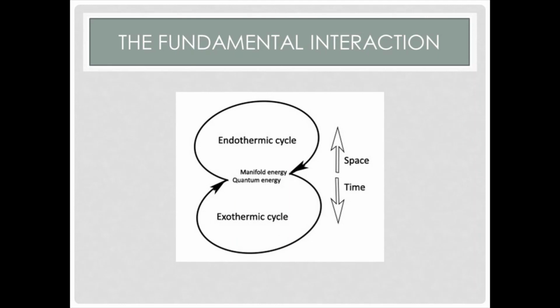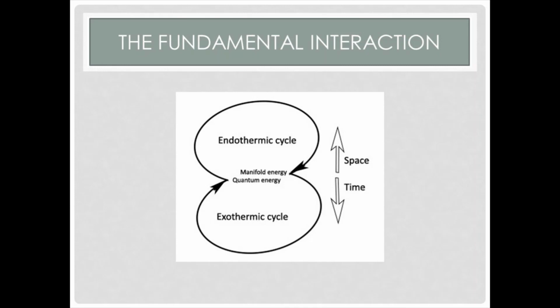In conclusion, we can see that the cosmos is made up of an endothermic and an exothermic cycle, and this is not surprising because in nature exothermic processes make endothermic ones possible.